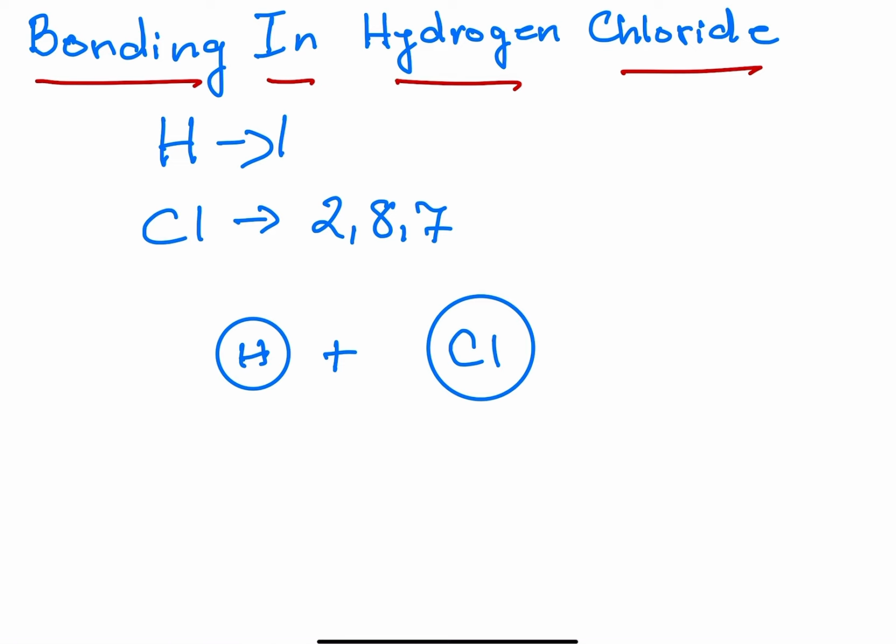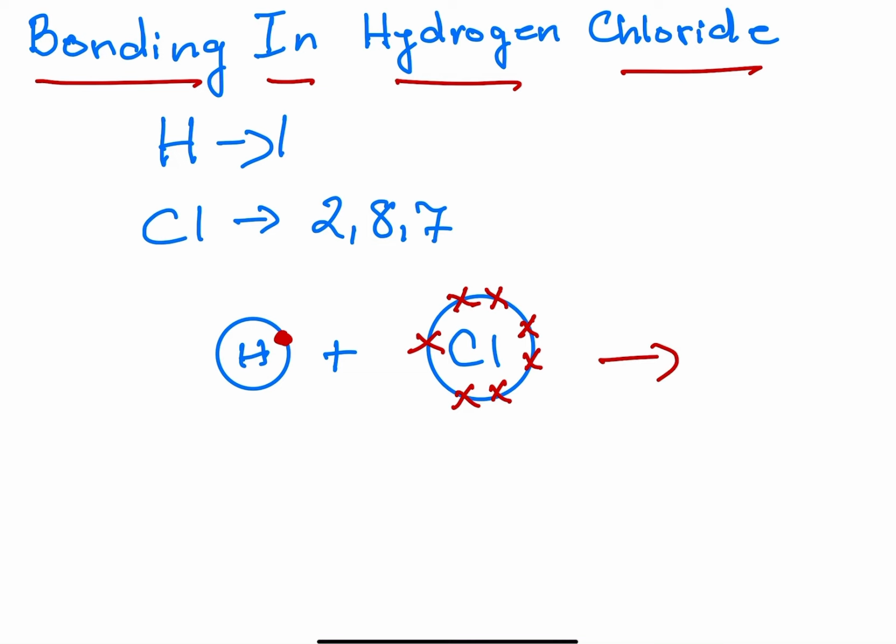Then we draw the electrons; for chlorine we can use a cross to draw the electrons. So it has 7 electrons: 1, 2, 3, 4, 5, 6, and 7. Whereas we can make a dot for the hydrogen electron. So hydrogen has 1 electron.